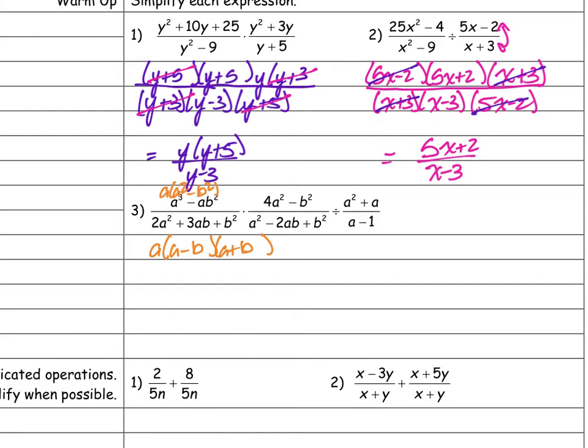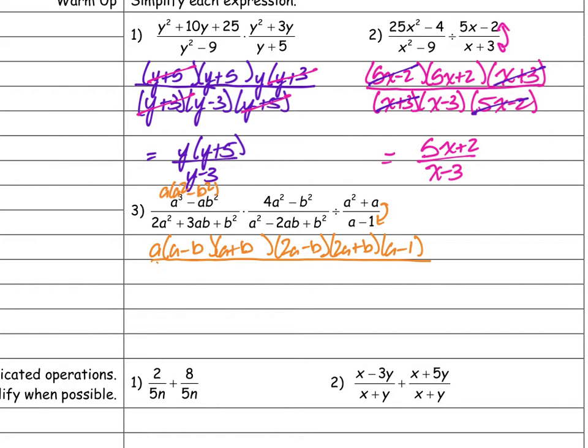And then the second one becomes 2a minus b and 2a plus b. And then I flip the last one, and that's a minus 1.